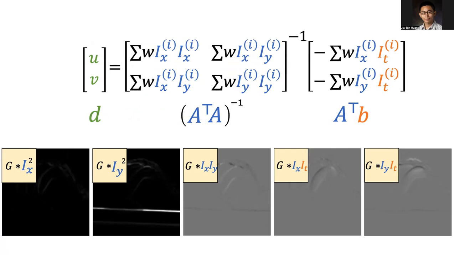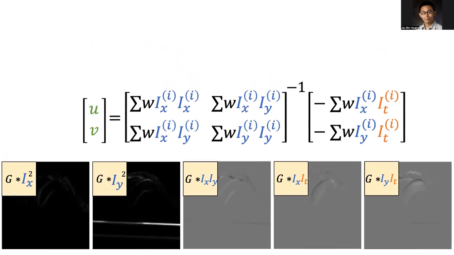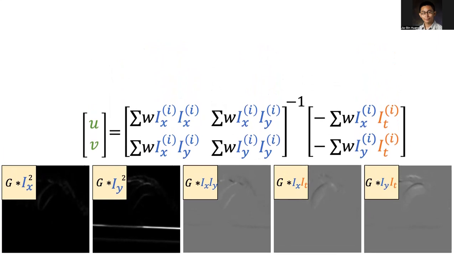So you can see how they use simple linear algebra and make some assumptions to be able to solve the problem. Make sense? All right, but the story does not end here. There are still problems.